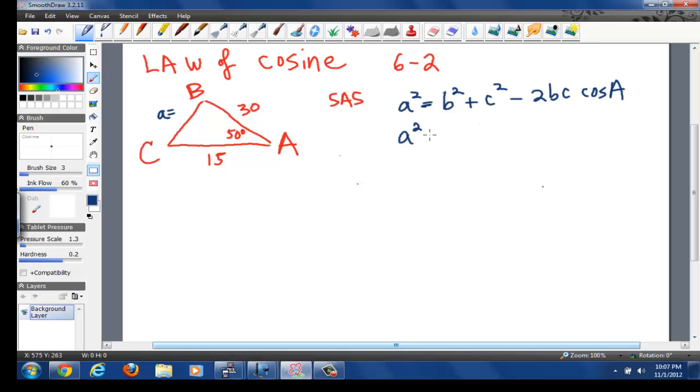So A squared is going to equal 15 squared plus 30 squared minus 2 times 15 times 30 times cosine of A, which is 50. The 50 degrees goes right over here.